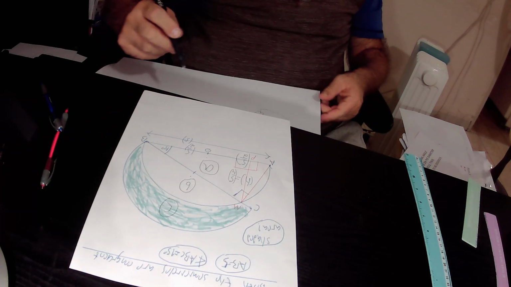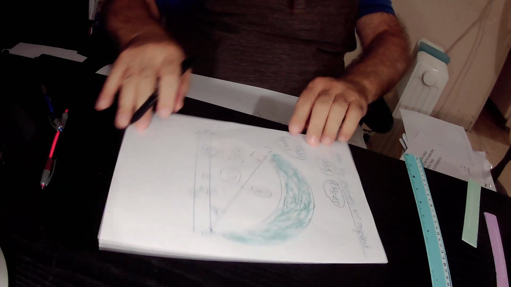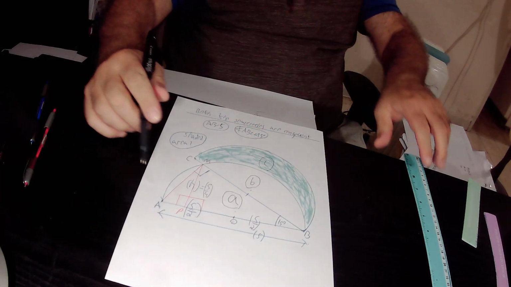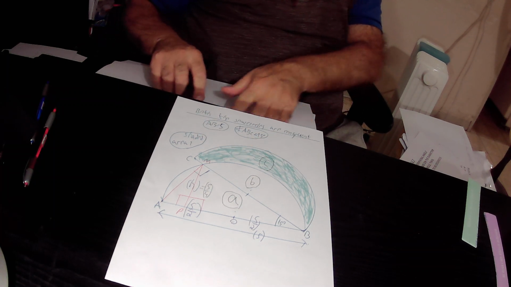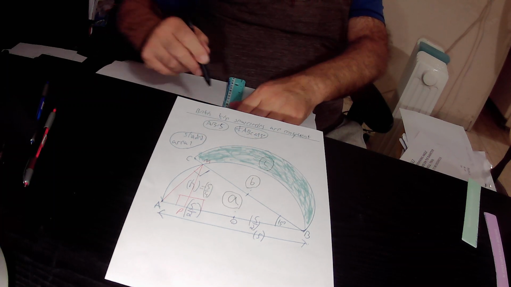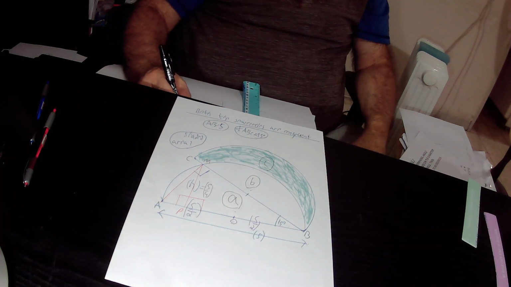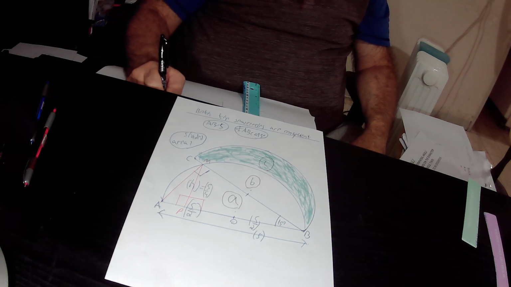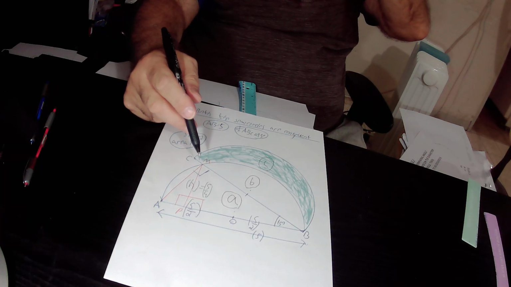So what is the area of this semicircle AB? Because those two semicircles can go into each other, they also have the same areas.